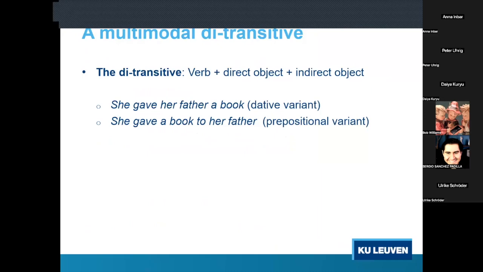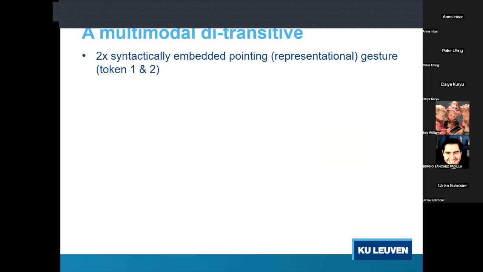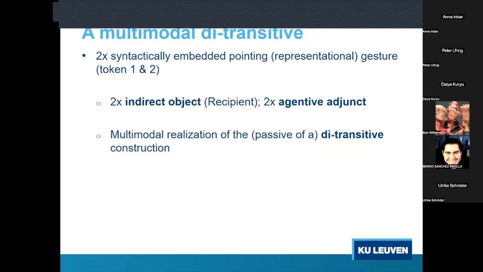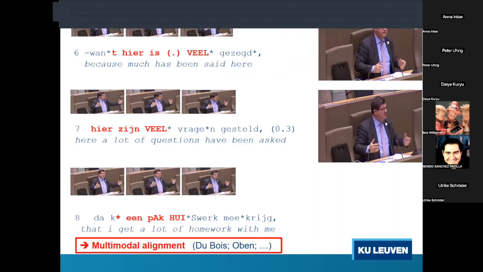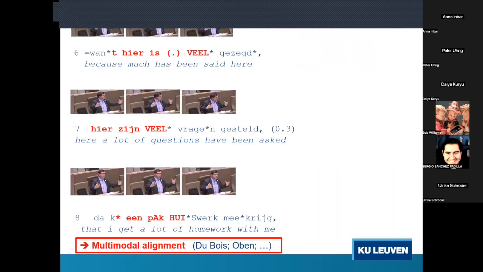Okay, that's the ditransitive. Now, if you look at what is being said here, much has been said here. Hier is veel gezegd. A lot of questions have been asked. I do not have elements for the ditransitive.